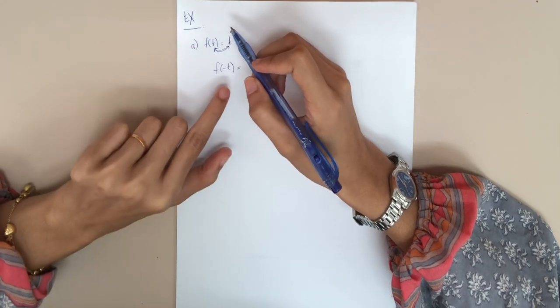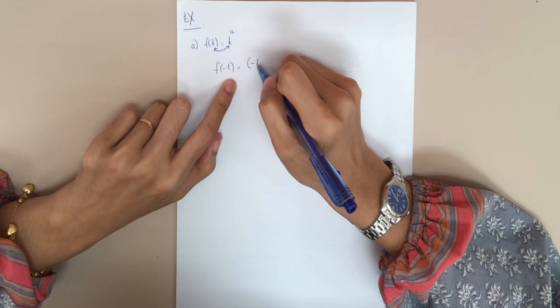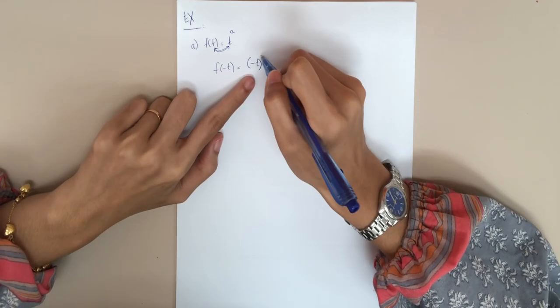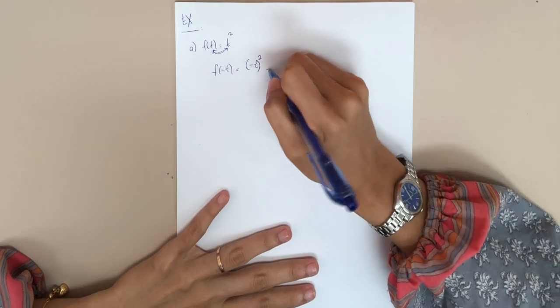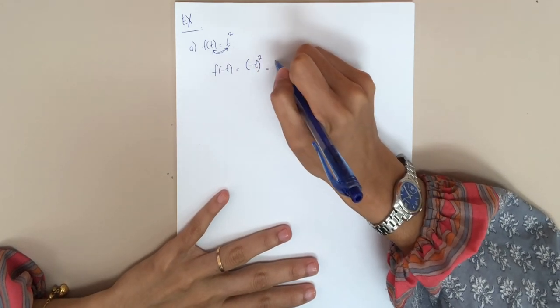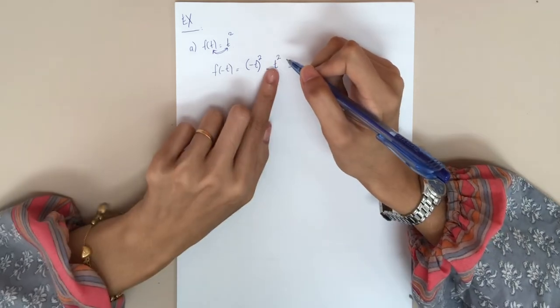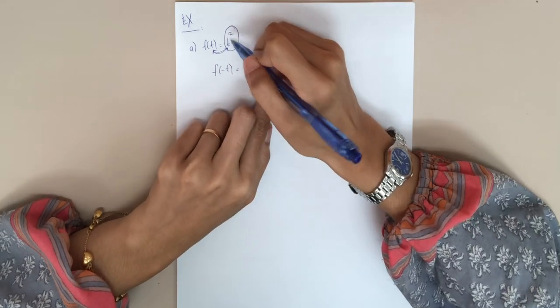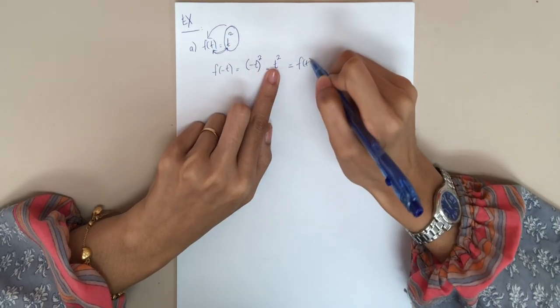So now if f(-t) here, that means here also should be negative t power 2. Okay, class? And we know that negative t power 2 is equal to t square. And this is t square, is it? T square is equal to f(t).